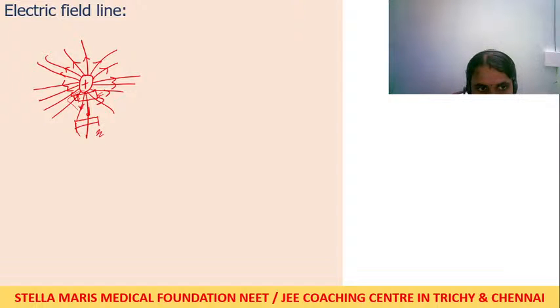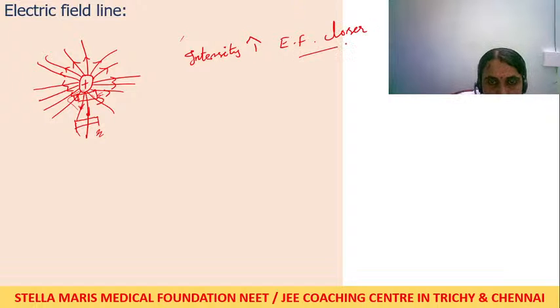Here it has nearly 5 electric field lines, whereas here it has 2. If the intensity increases, the electric field lines will be closer. If the electric field lines are closer, the intensity is high.